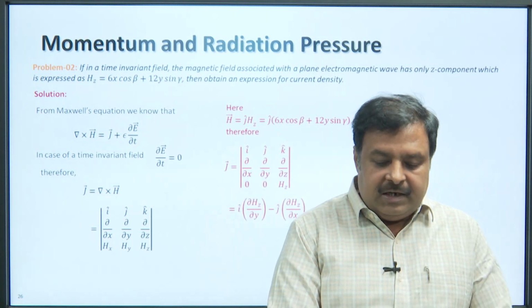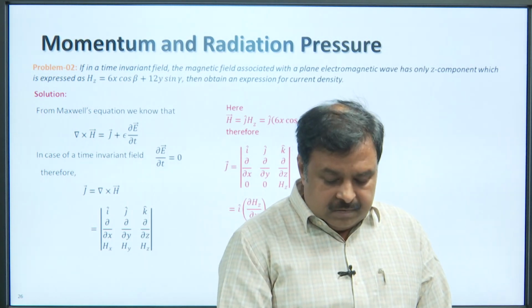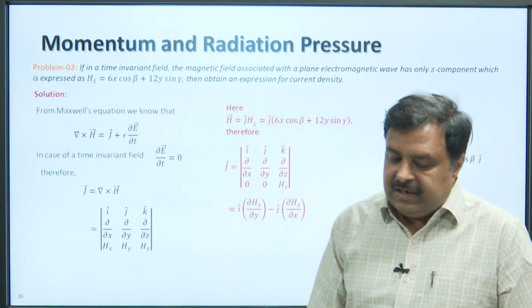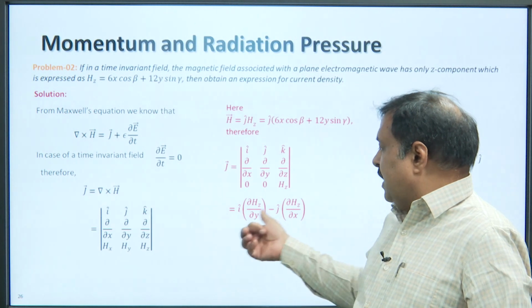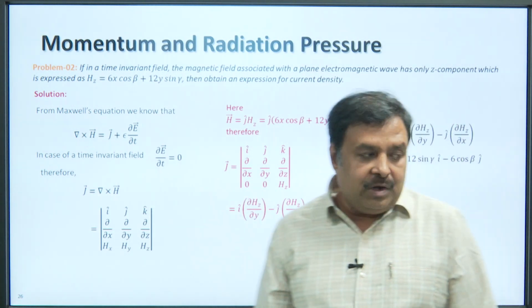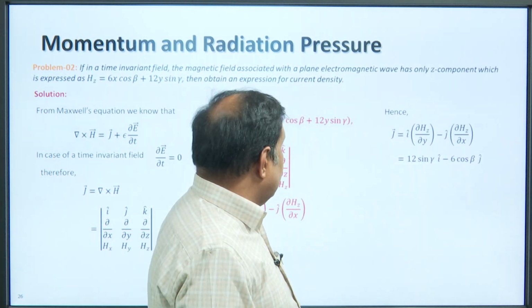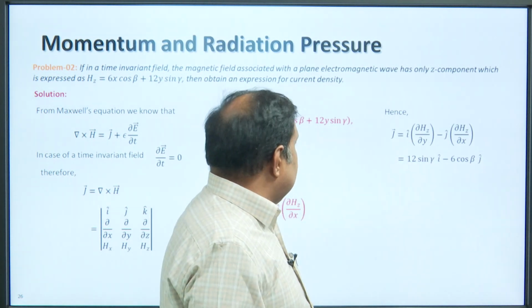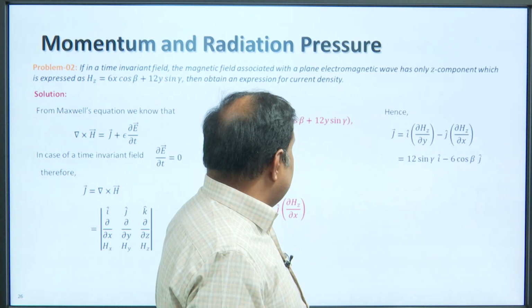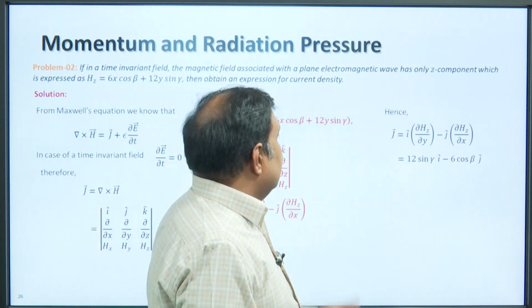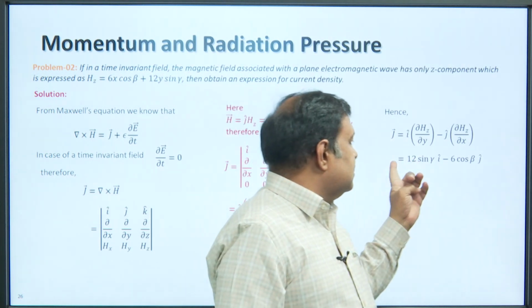Expanding the determinant, you obtain j by this equation. Now, H z is a function of x and y both, so you can differentiate and determine j as this.